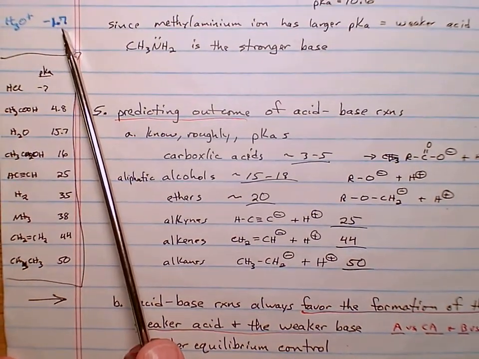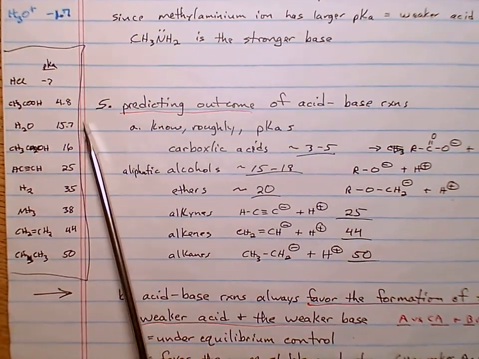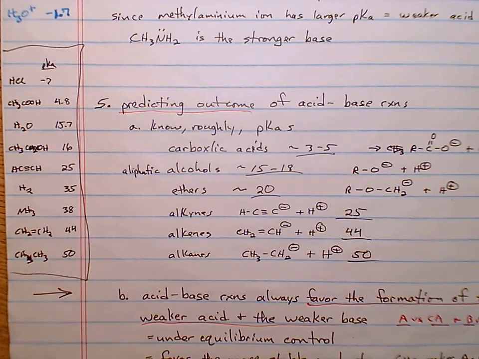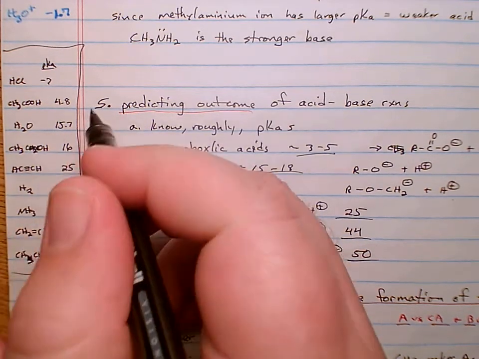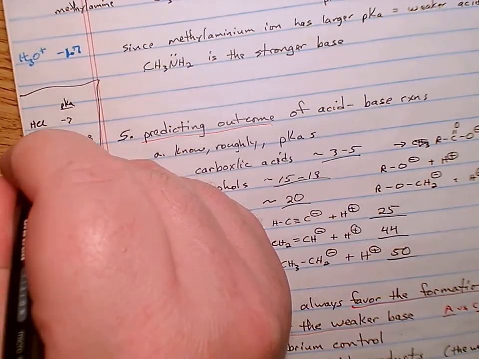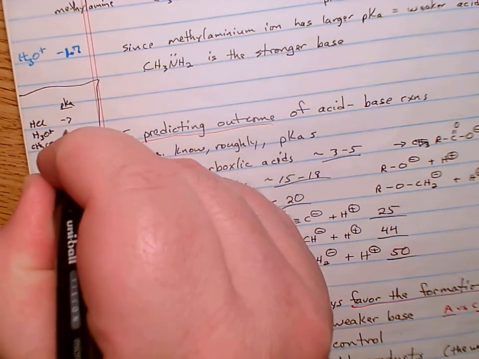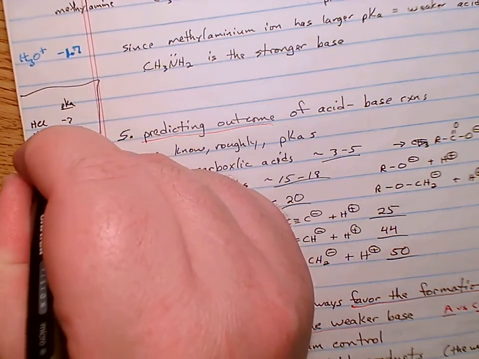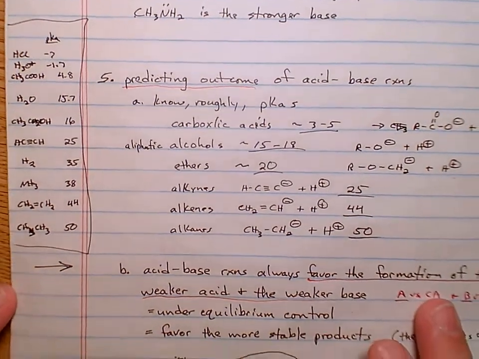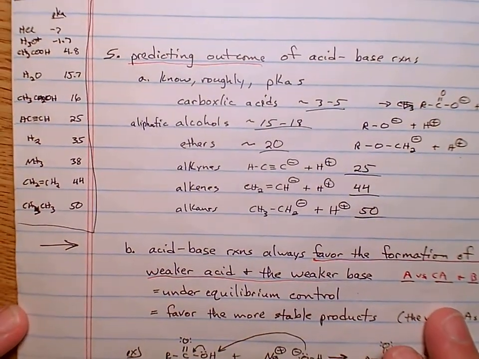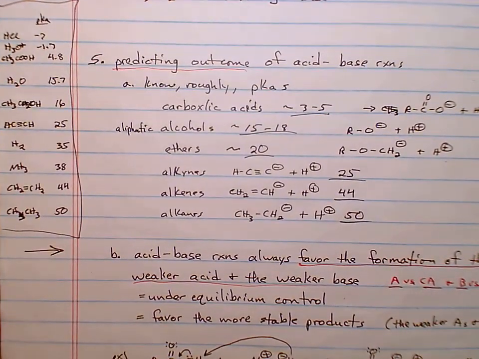Recall H3O plus is negative 1.7. I just copied the book table. We need that H3O plus. Let's just slam it right in here because this is where it belongs. H3O plus, negative 1.7 for its pKa. We got to have that guy in there. The fact that it's missing from your table is a crying shame.